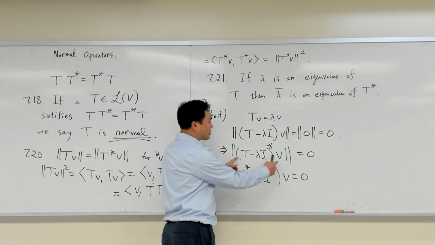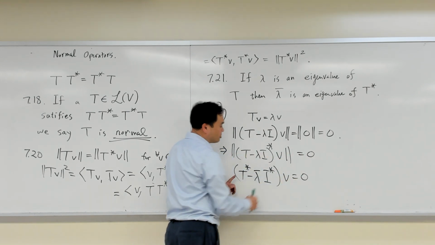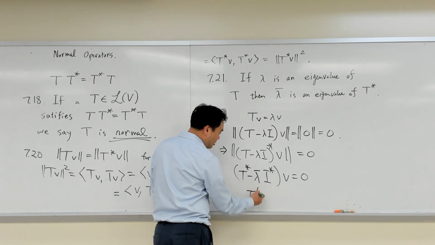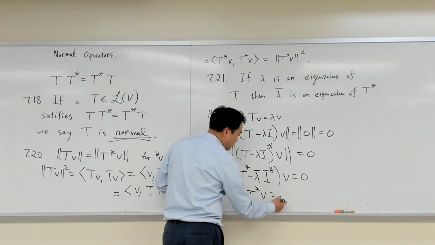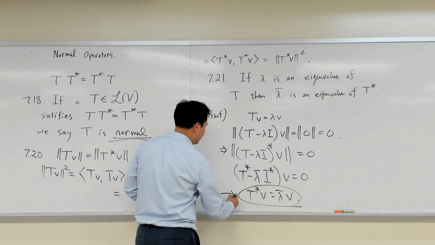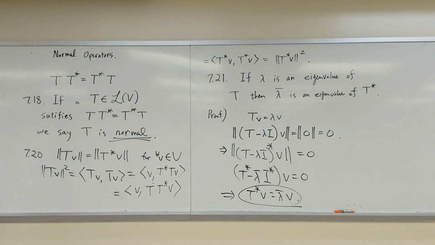The only vector that has norm 0 is the 0 vector, so the thing inside should be the 0 vector. But then I* is I, so you end up with T* v equals λ-bar v. Okay. So that's the interesting thing that you observe for normal.